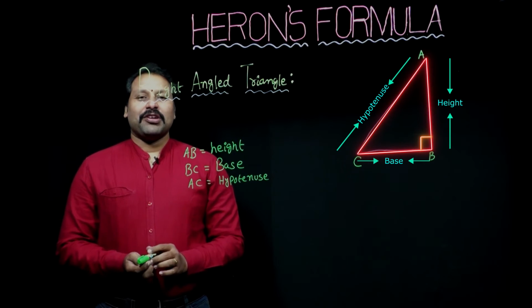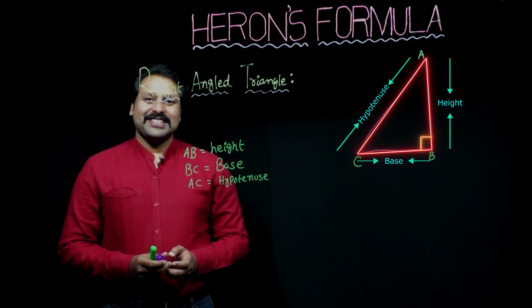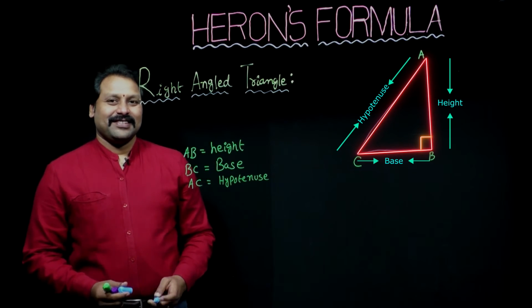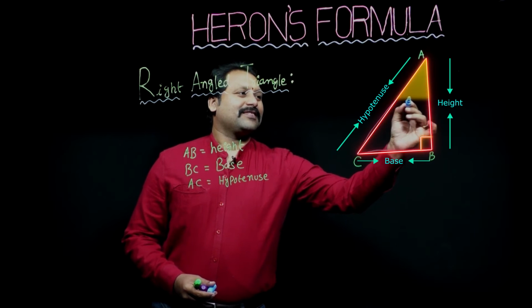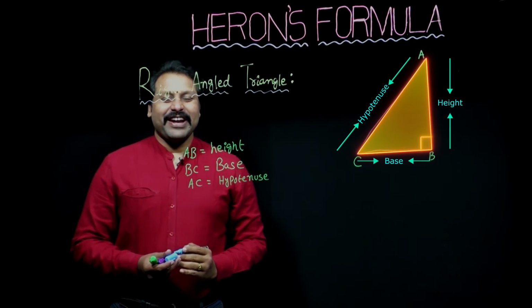Now, I would like to find the area of this right angle triangle. So, the shaded part is the required area.